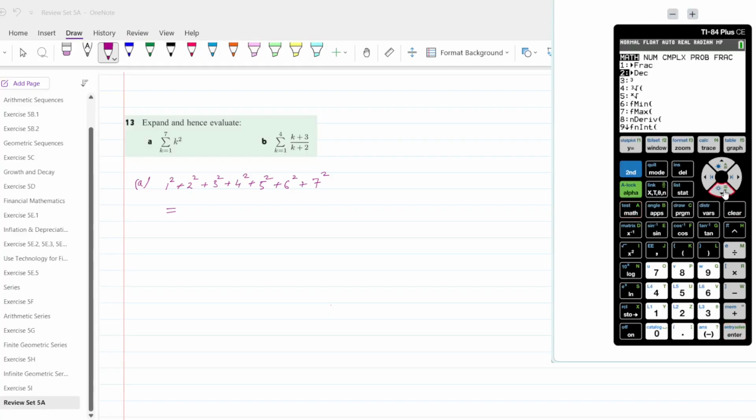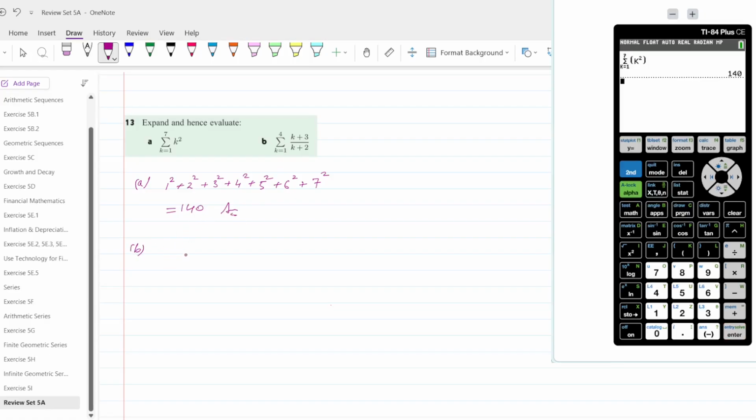We go to math and summation. We substitute k equals 1 to 7, k square, and this comes out to be 140.